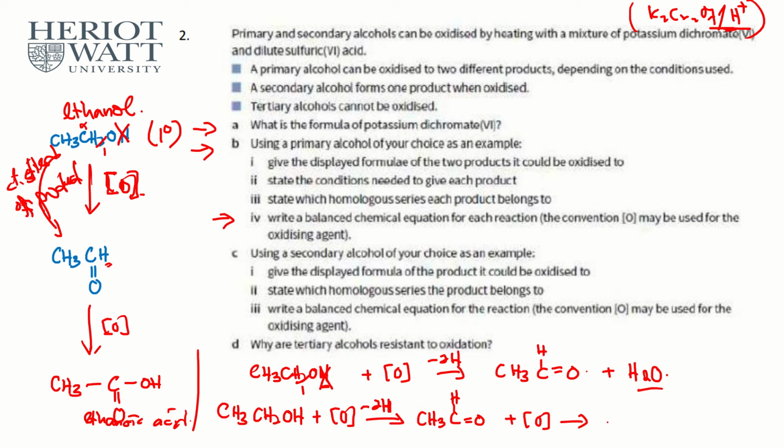And then you're going to get CH3, C double bond O with OH. So you're getting a carboxylic acid.